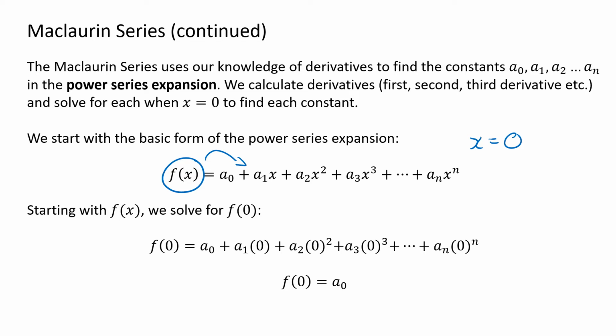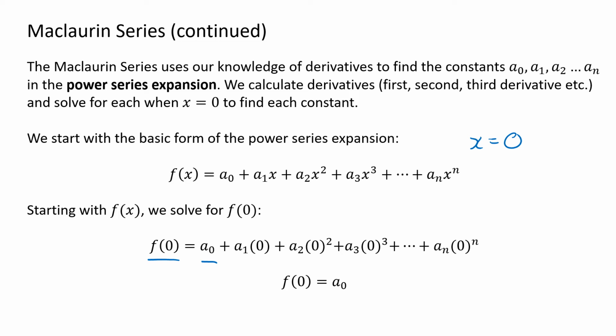Let's look at the first instance. We have just this function, regardless of what it is, it's a function of x, and we're trying to figure out how it can be equal to this power series. If we substitute in x equals 0, we have our function at 0 is equal to our first term, a0.